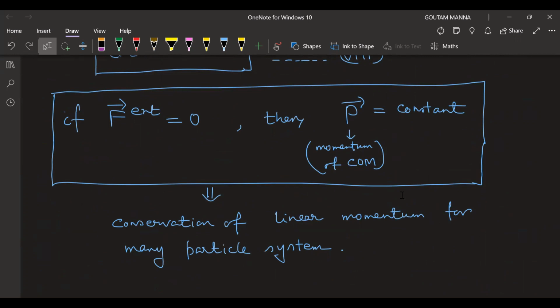It's not saying that the momentum of each individual particle will be conserved. That can change. Individual particles can collide with each other and change their momentum, but the momentum of the entire system will be conserved. So this is the conservation principle of linear momentum for a many particle system. And the weak law of action and reaction plays an important part here.